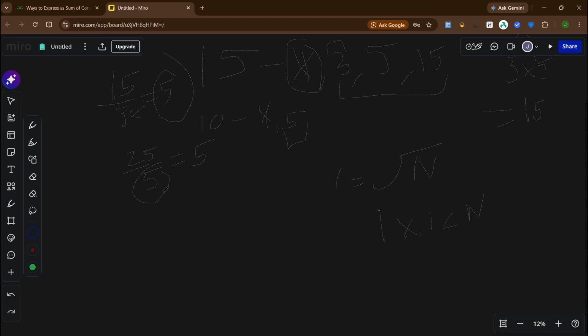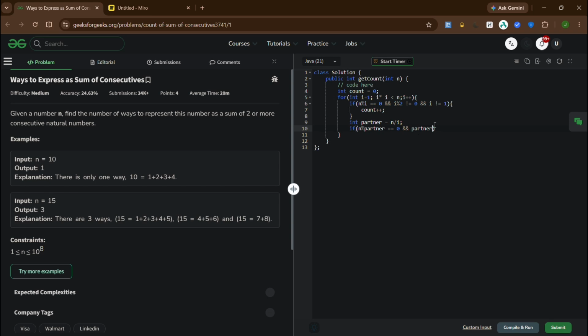So this partner and this I should not be the same. So partner should not be equal to I, and then the partner should be odd, partner mod 2 is not equal to 0. If the condition is true, then we will increase count. Finally, we will return count.